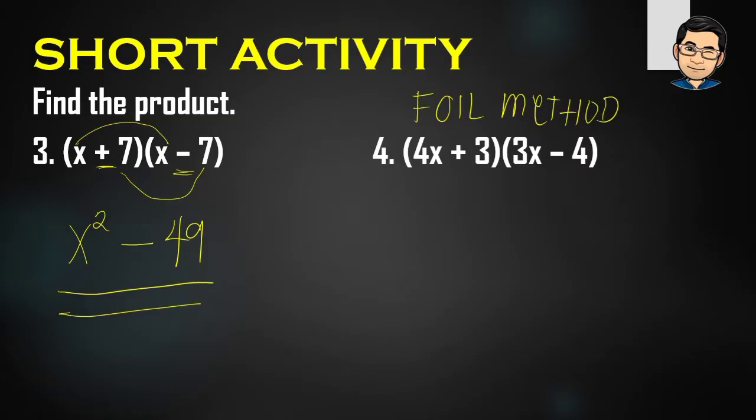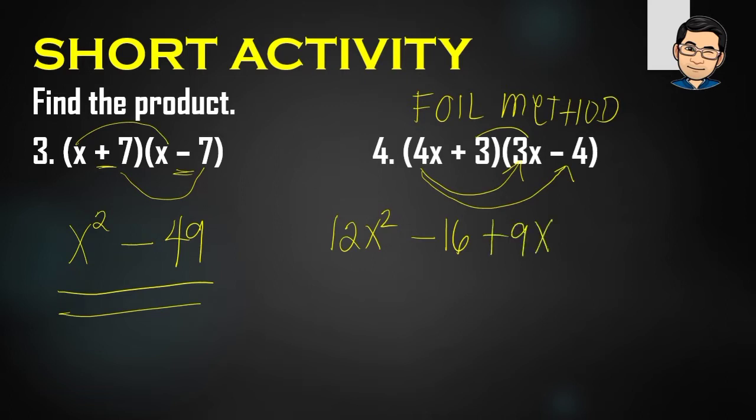Dun muna tayo sa F. 4x times 3x, ito yung first. 4x times 3x, that is 12x squared. Next, outer. 4x times negative 4 is negative 16. And then inner. 3 times 3x, that is positive 9x. And then last, 3 times negative 4, that is negative 12.